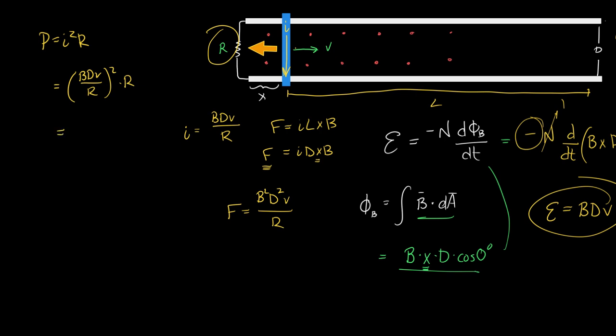So the power dissipated will be B squared D squared V squared over R. I'm just using I squared R. No big deal. Now this is the rate at which power is being consumed by the resistor.